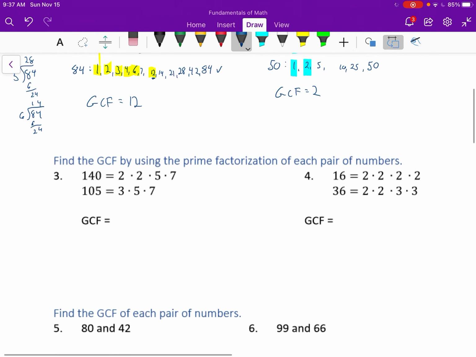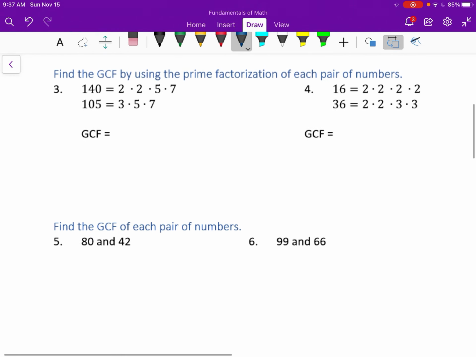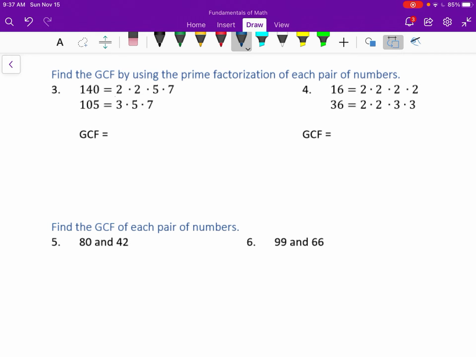All right, next group of questions. Find the GCF by using the prime factorization of each pair of numbers. In these two, it gives us the prime factorization. What we want to do is circle the common factors and then multiply those together. That was from lesson 3.4. So we're going to look across. There are no 2's in common.